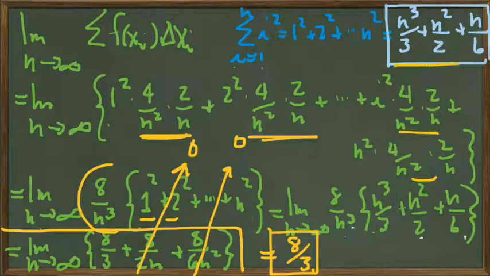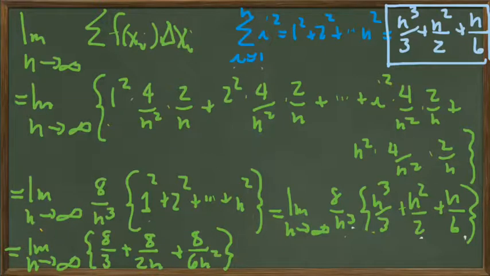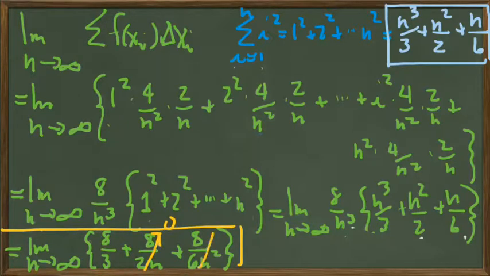We had a closed form result for that. That gave us a limit of this form. It gave us this limit, which was easy to compute because only the last two terms had an n in them, and those two terms both went to 0. So this went to 0, and this went to 0, and we were only left with the 8/3.